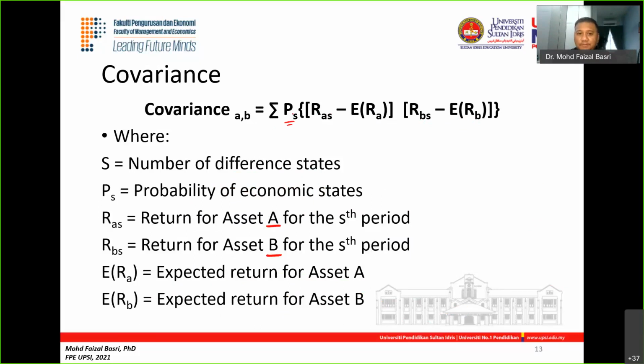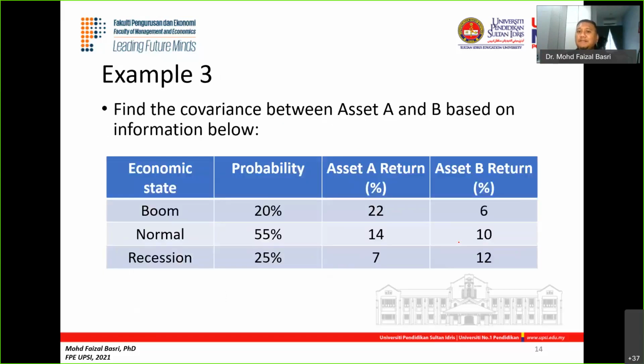The S here refers to the different states, as we did earlier. But for this covariance, we cannot use the earlier example, because the earlier example focused only on one stock, one asset. Now we have two assets, asset A and asset B, so this is a totally different question.